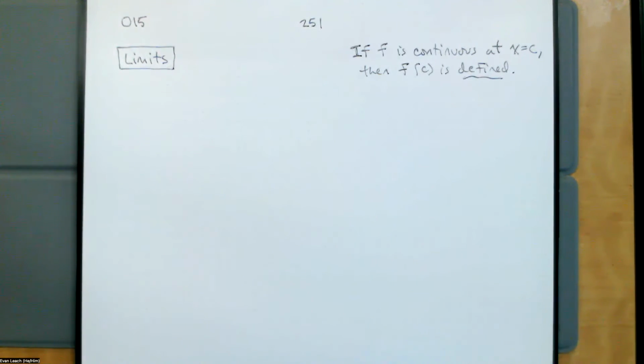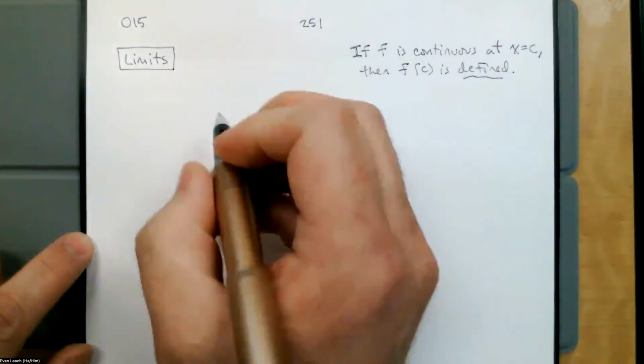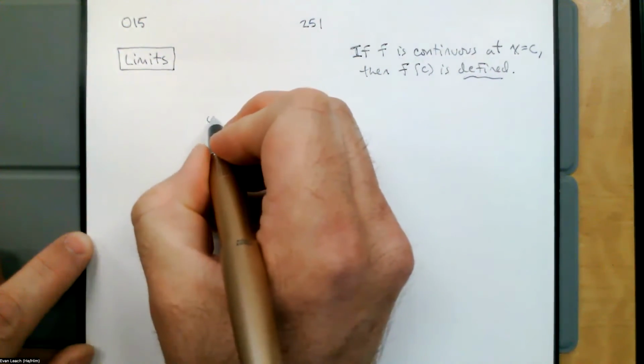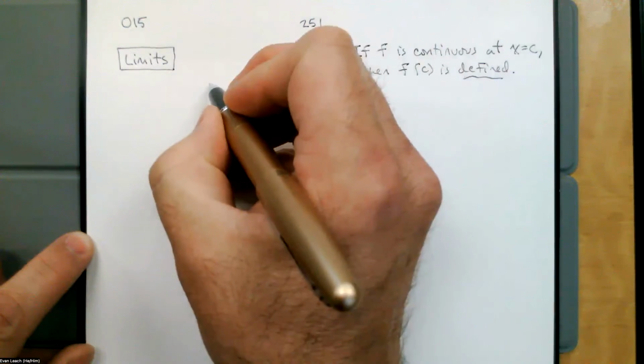Now let's think about some of the points on that previous example. Recall the point where x is equal to 6. We had a hole in the graph.